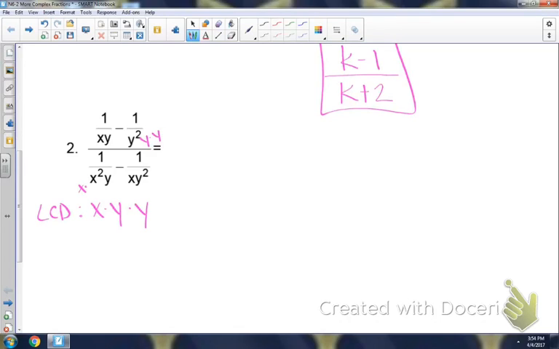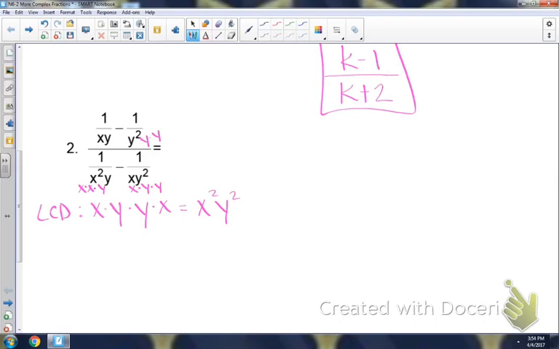Then we have x times y. We already have an x, so bring another one down, and we already have a y. Then we have an x times a y times a y. We already have 2 y's, we already have an x, so we don't bring anything down from that last one. So then when you're multiplying all of that together, you will have x squared, y squared.